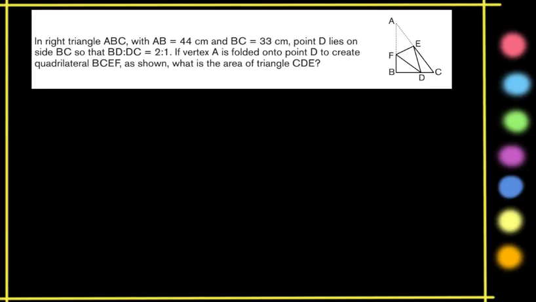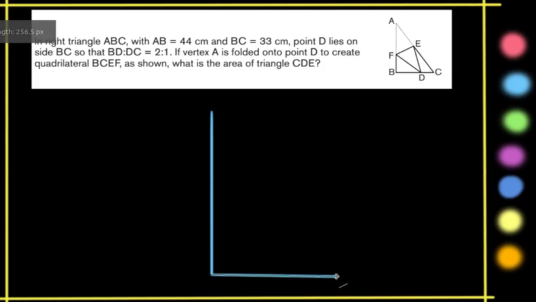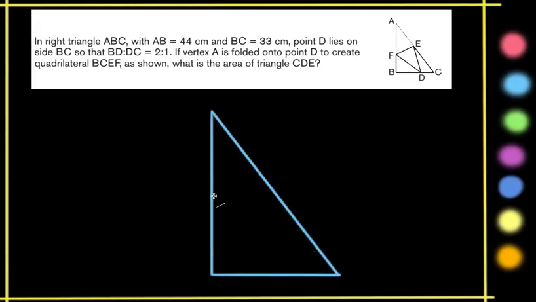All right. In right triangle ABC, I guess I should draw this over again, right? Give us some room. So in right triangle ABC, AB is 44. I need to draw this like that.